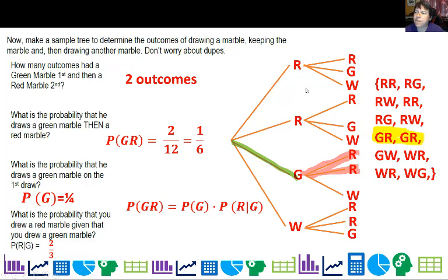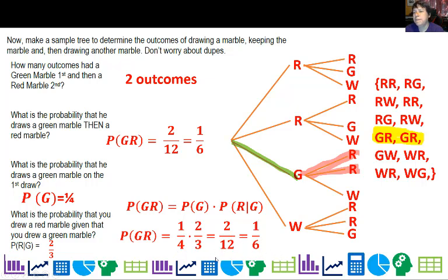But the probability of red here is just 1/3. Here it's 1/3, there it's 2/3, and there it's 2/3. So I have to explain which situation am I talking about. Well, I'm talking about the situation where I drew a green one first. So green is given, all right? And so when I substitute in my 1/4 and my 2/3 and multiply, 1 times 2 is 2, 4 times 3 is 12, simplify, and we get 1/6.